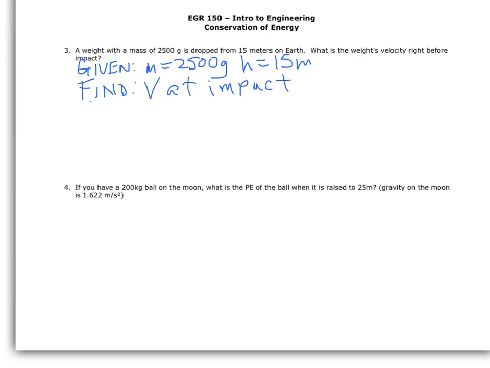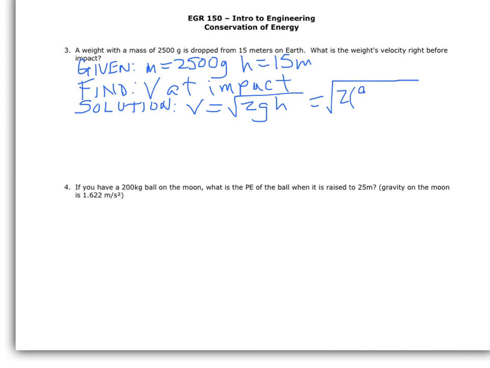Now our solution is, remember, we're going to use our formulas that we derived in the previous video, and in our hints, the velocity is equal to the square root of 2 times the gravitational constant times the height. So in this case, we've got the square root of 2 times the gravitational constant on Earth, and since we're using meters, we'll use metric, 9.81 meters per second squared times a height of 15 meters.